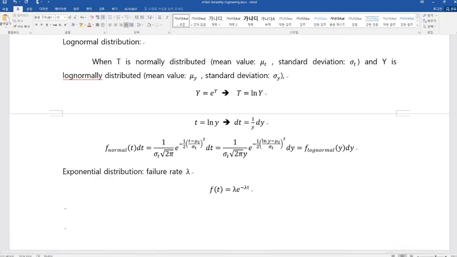So this is the probability density function.